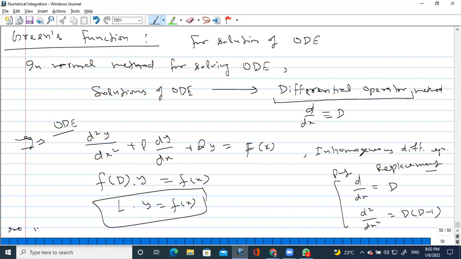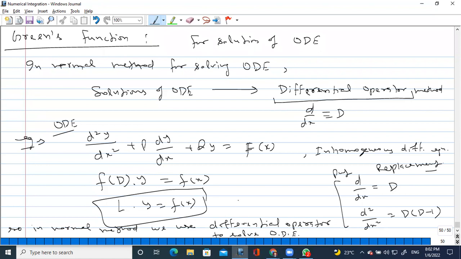So in the normal method we use a differential operator to solve the ordinary differential equation. So this we have done up to here.